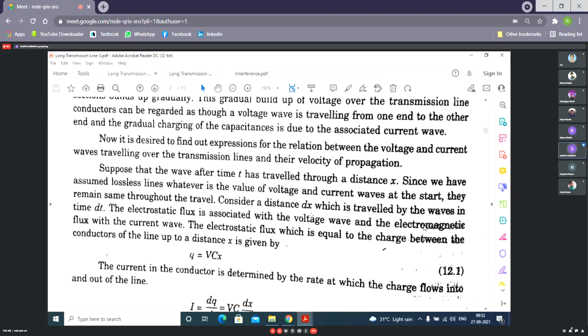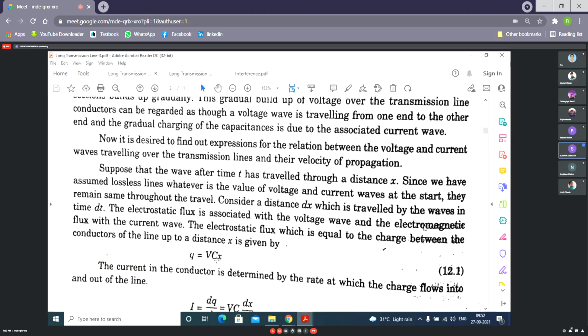Now you know the electrostatic flux is associated with the voltage wave and the electromagnetic flux with the current wave. The electrostatic flux, which is equal to the charge between the conductors of the line up to a distance x, is given by Q equal to VCx.